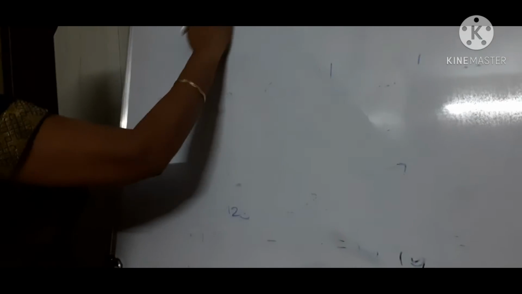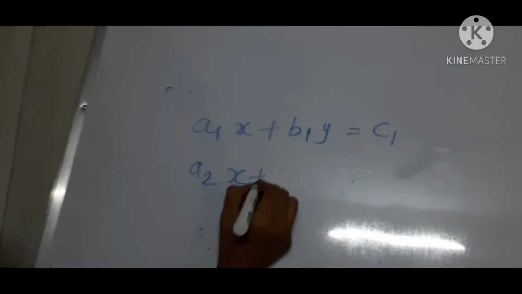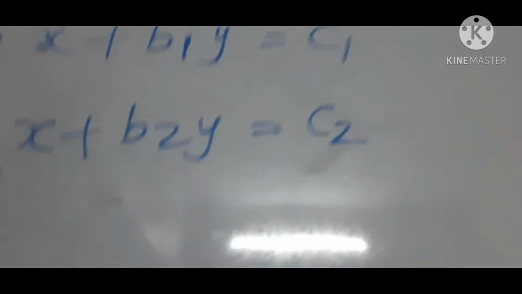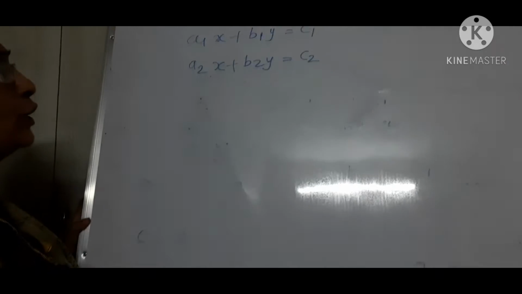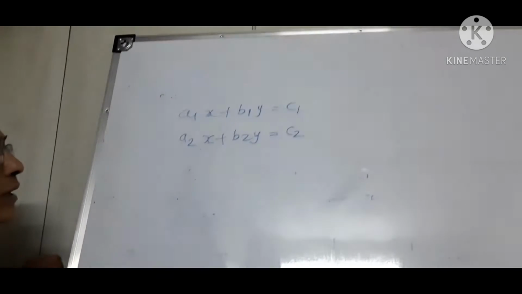If we are given equations like this, a1x plus b1y is equal to c1, a2x plus b2y is equal to c2. These are linear equations in two variables. How many variables? x and y, two variables.